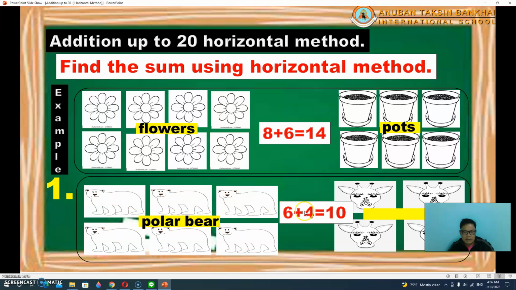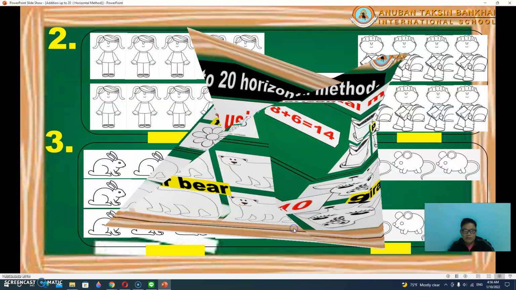Plus these giraffes. How many giraffes are there? 1, 2, 3, 4. So 6 plus 4 equals 10. Very good.